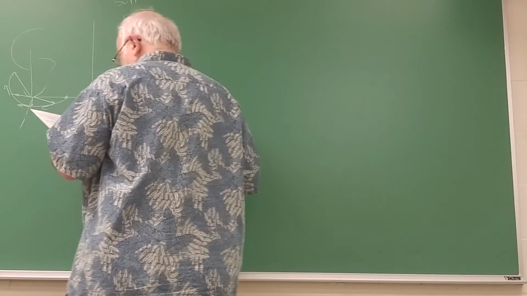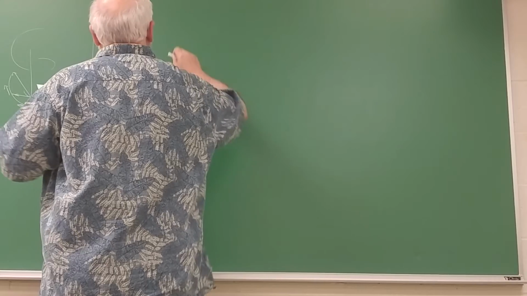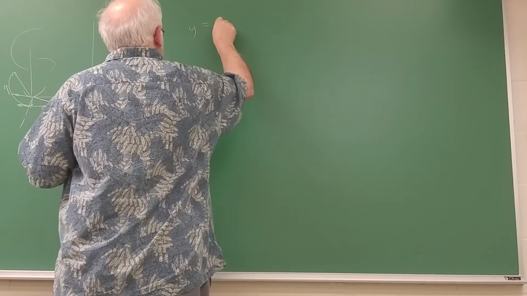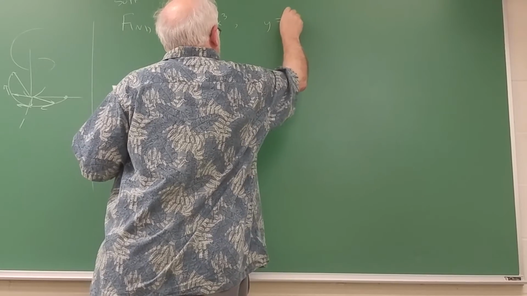I want to find the points of intersection and the angles of intersection for the curves y equals x cubed and y equals 4x.